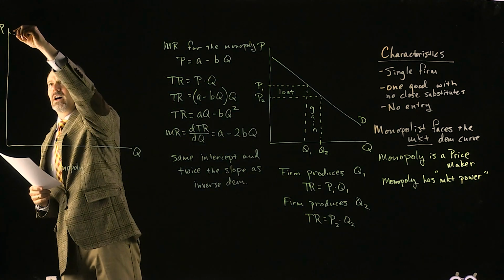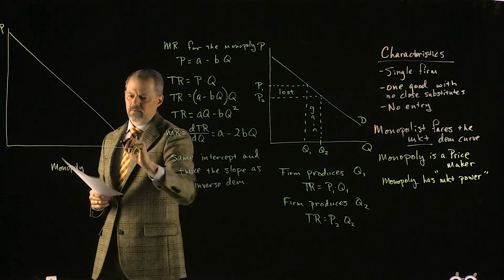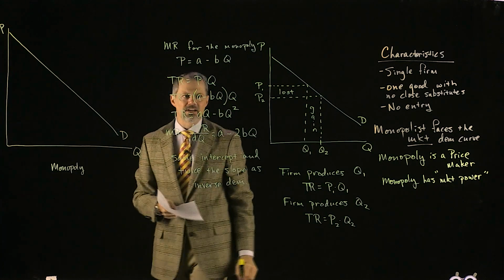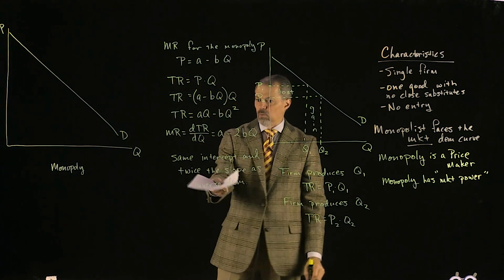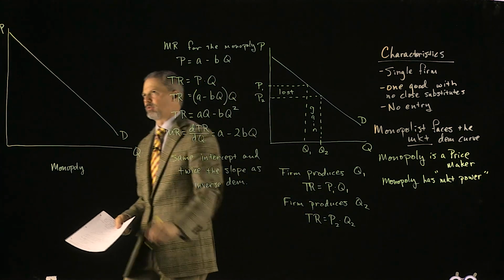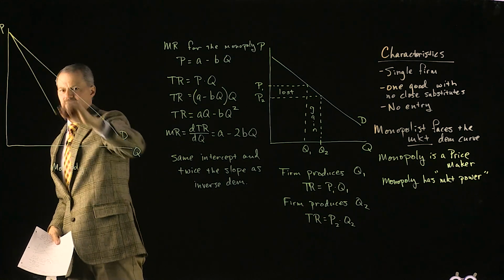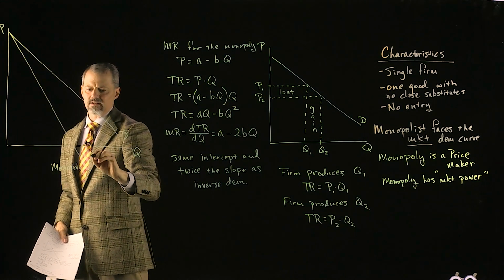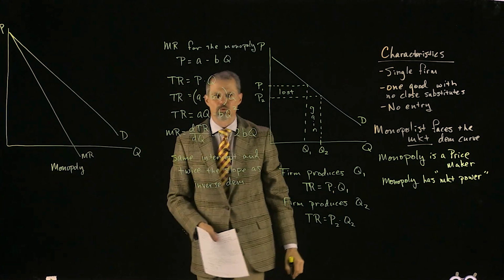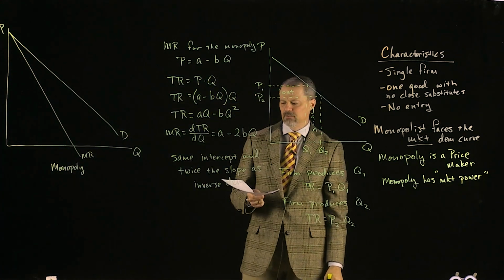So we've got our inverse demand curve, which looks like that. Now, with this rule, we can draw the marginal revenue curve because it has the same vertical intercept and twice the slope. It looks like that. There's our marginal revenue curve for this monopoly.